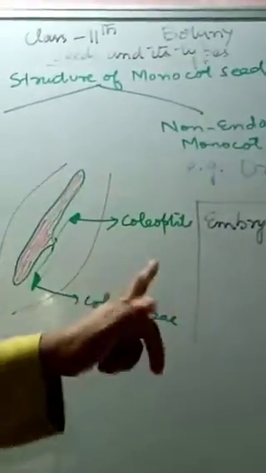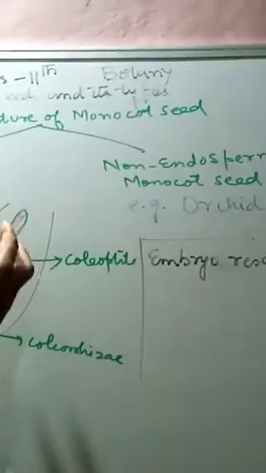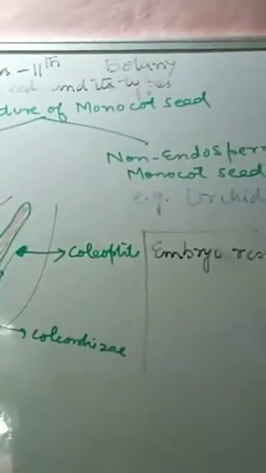So in tissue culture we have a technique by which we can save this embryo, called embryo rescue, where we artificially provide nutrition so that the embryo will survive.